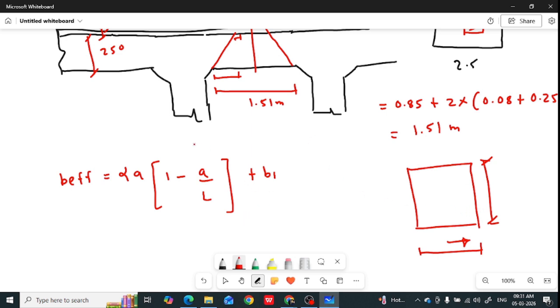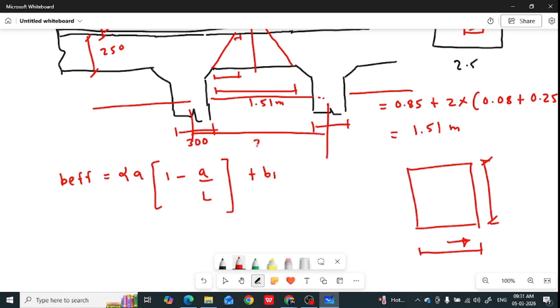This is the longitudinal girder that you have, and you also have the cross girder. You can see the previous video to understand. The width of the longitudinal girder is 300 mm and the width of the cross girder is also 300 mm. Now you see the center to center distance between the longitudinal girders is 2.5 meter and the center to center distance between the cross girders is 5 meter.